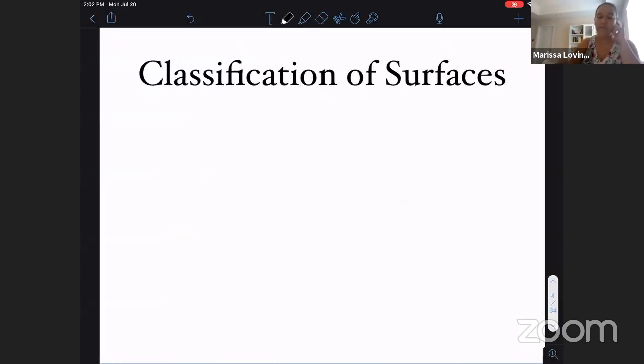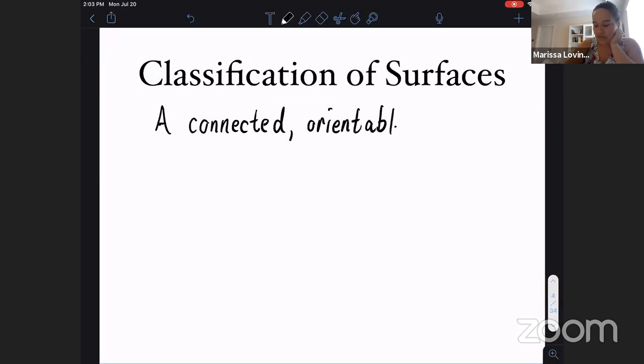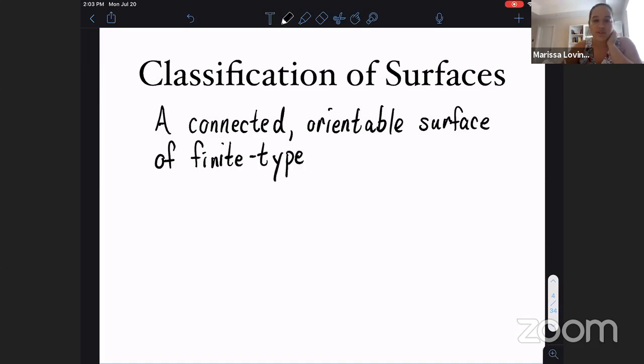And one of the most important things that allows us to actually study these is the classification of surfaces. This is a result that says that a connected orientable surface of finite type is, up to homeomorphism, determined by the things I just highlighted. So this is an important distinction: when I say finite type, I want to consider surfaces that have a finite amount of genus, punctures, or boundary components.